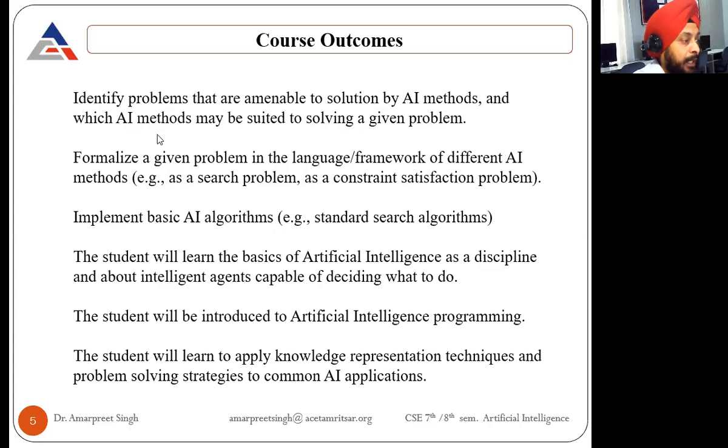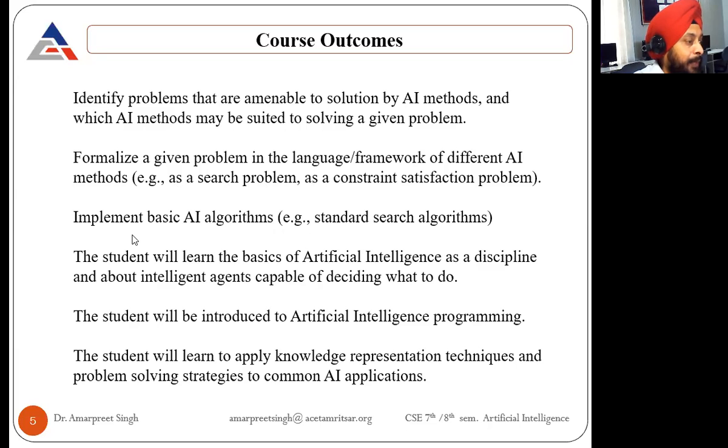You will be able to formalize a given problem in the language framework of different AI methods such as search problem, constraint satisfaction problem, hill climbing, and others like means-ends analysis, A-star algorithm.